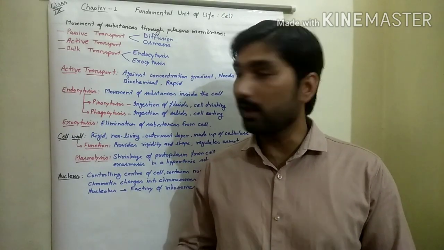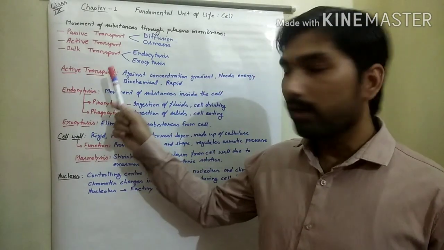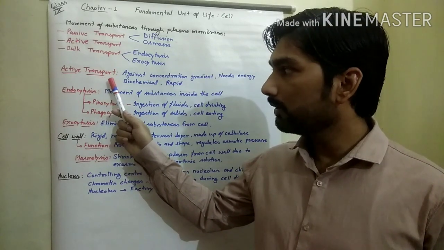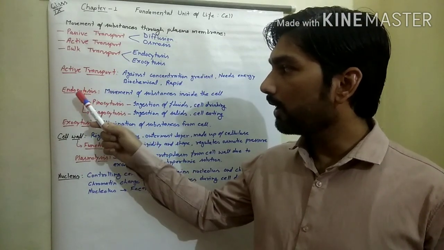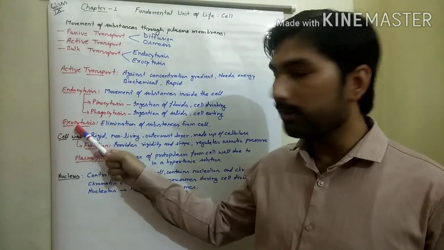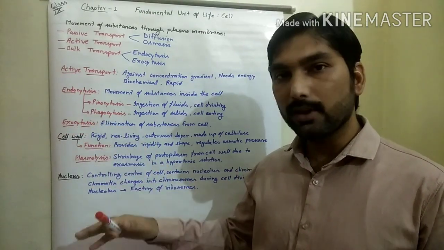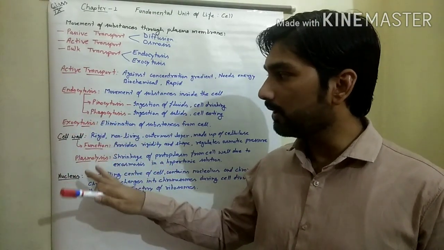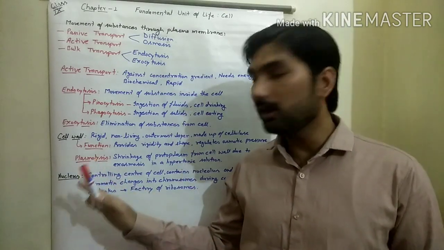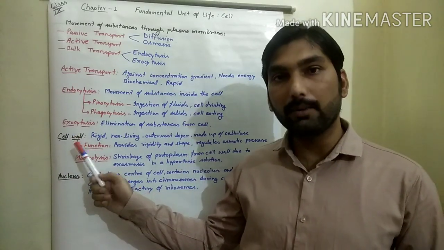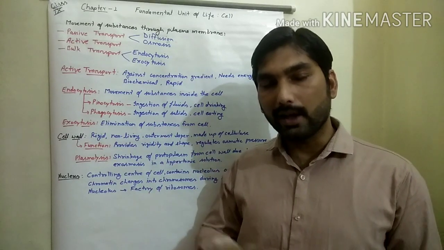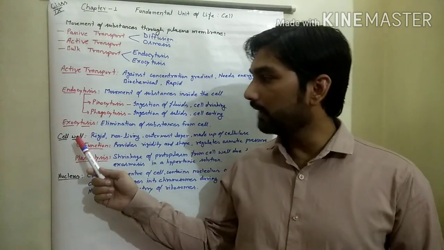So today we are going to see what is active transport method and what are endocytosis and exocytosis, along with one more basic feature of a plant cell, that plant cells have one additional outer covering around their cell membrane, known as the cell wall.